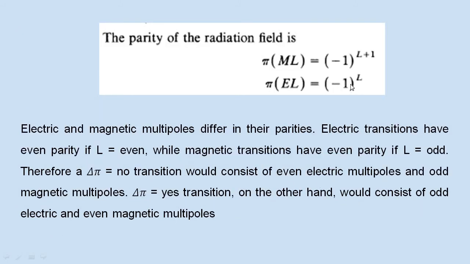If parity is changing, that means when L is odd, then you are getting this value as -1, and you are getting this value as -1 when this L is even.